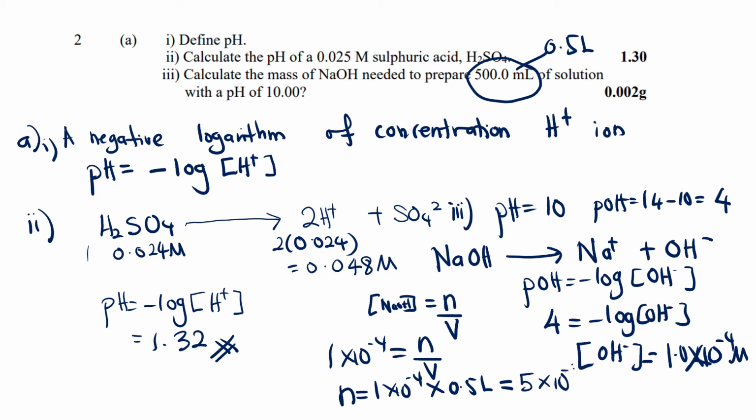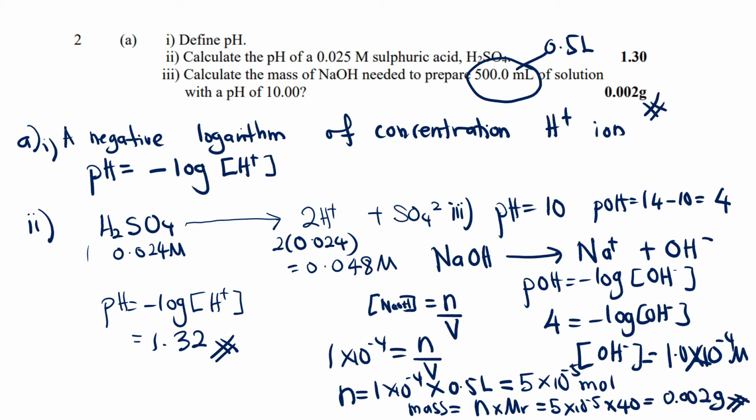From the number of moles we can find the mass, which is number of mole multiplied by Mr. Mr for sodium hydroxide is 40. So we get 2 exponent negative 3, or 0.002 grams.